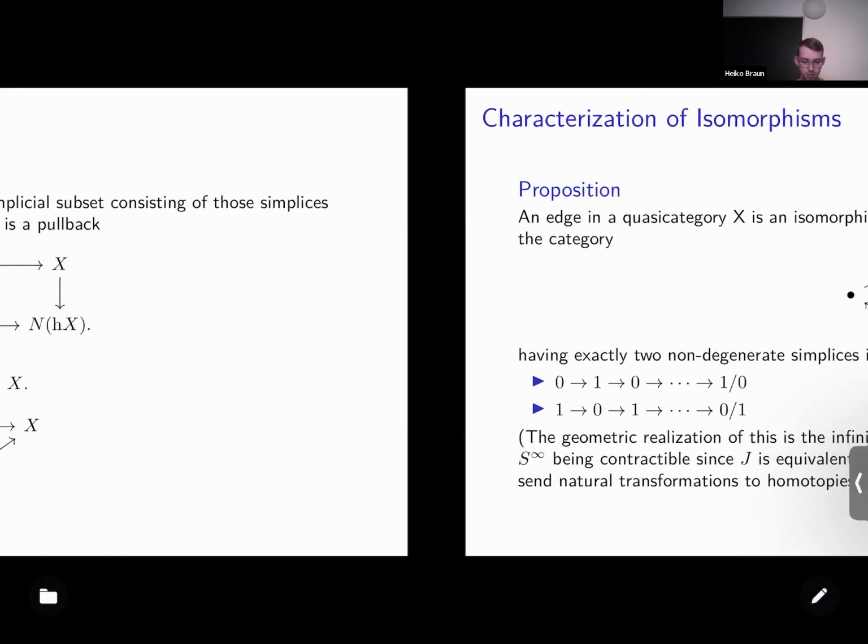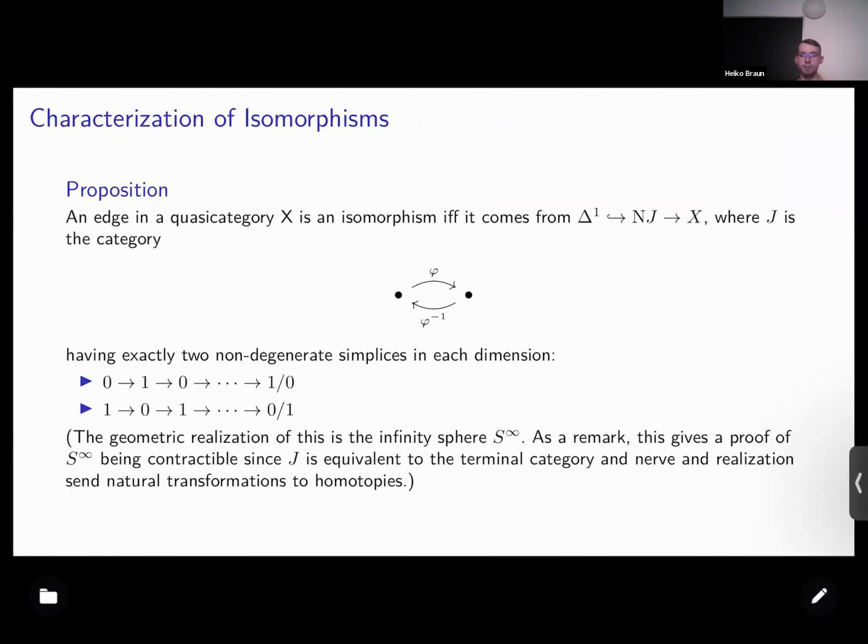Let's go on to the application again of this core and also in essence of Joyal's lifting theorem, namely the characterization of isomorphisms. So when we have any edge in a quasi-category, this is an isomorphism if and only if it comes from such a factorization.